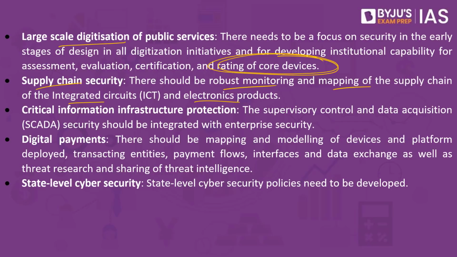So this article goes on to say that when it comes to the supply chain security, which means the integrated circuits and the electronic products from a particular company, this will also have to be monitored. So basically when a product is given by a company, this has to be tested, and certification has to be provided that the privacy of that particular person or the data is not collected and sent back to that particular country or that particular company.